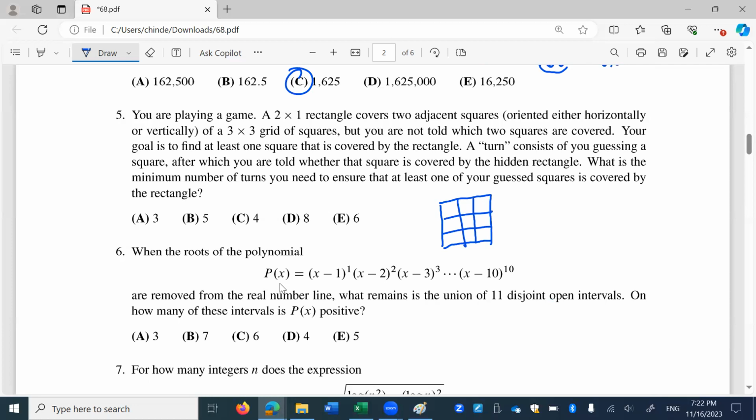Well, the way I'm thinking about it, we can't have any 2 adjacent squares uncovered, so I can definitely win in 4 turns. And now I should double check, is it possible to win in 3 turns? Well, I have to have at least 1 dot in each row, and also at least 1 dot in each column.